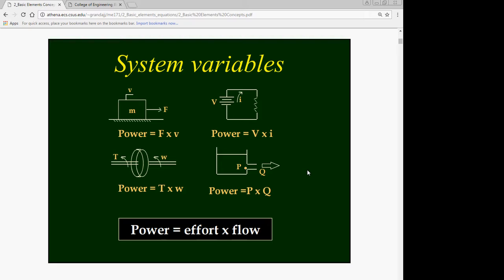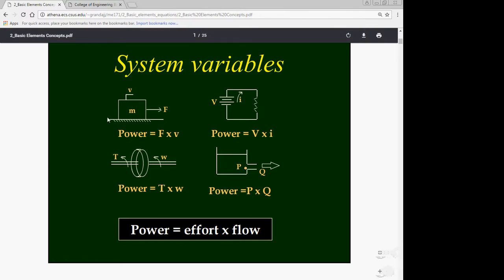So if you reflect a little bit on this type of variables, what we have in here is that you have a force. In this case, you have a voltage. In this case, you have a torque. In this case, you have pressure.